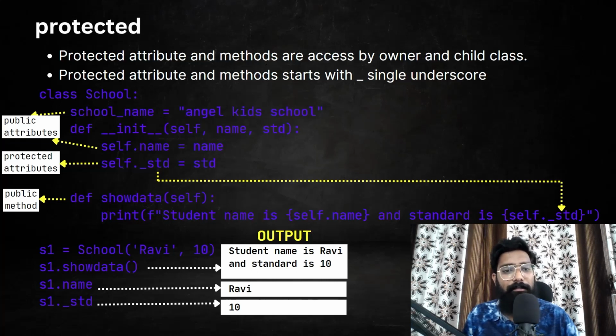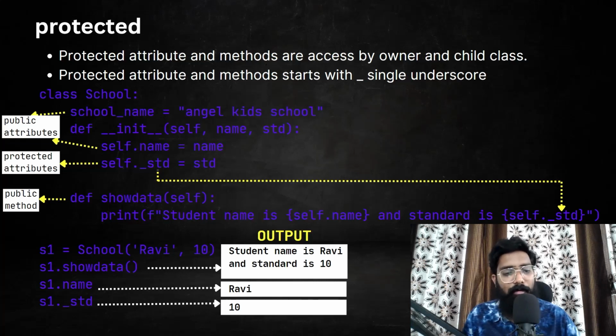Then the init method, under which we have instance attributes, one public and one protected. Self.name is public and self._std is the protected attribute. The way we use it in show data is again self._std.